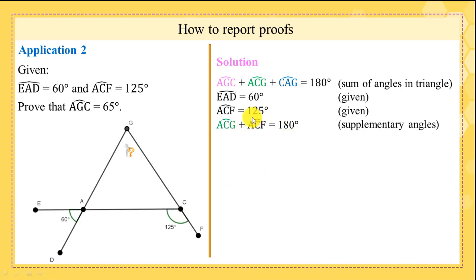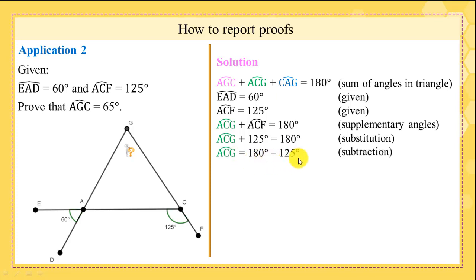But ACF is given from the beginning as 125 degrees, so by substitution we get ACG plus 125 degrees equal 180 degrees. ACG is equal to 180 degrees minus 125 degrees, which is 55 degrees by subtraction.